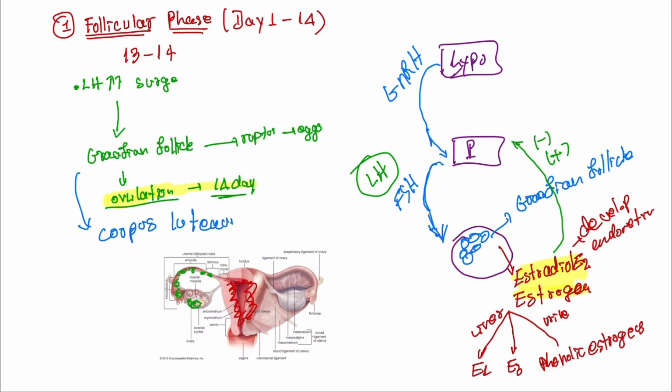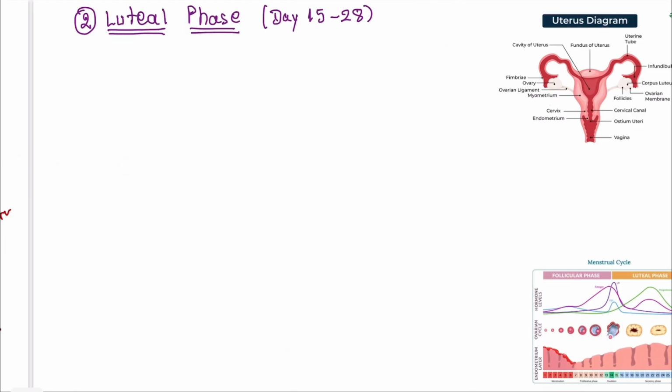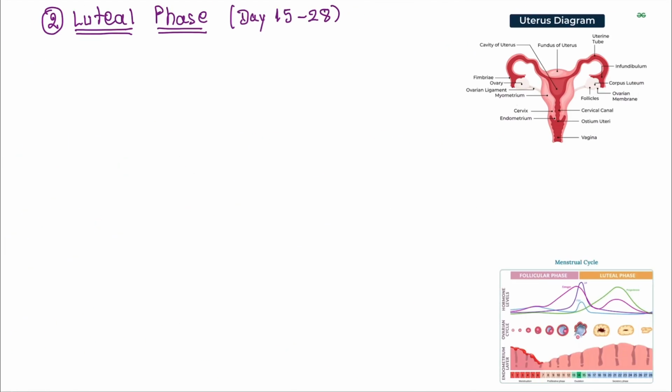Now we look at the next phase, the luteal phase. What happens in the luteal phase? As we know, the Graafian follicle becomes the corpus luteum.